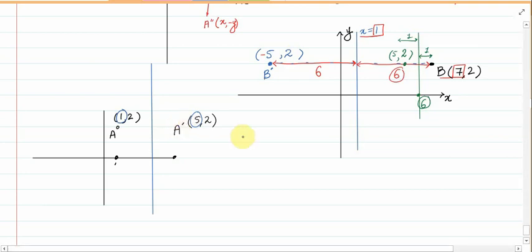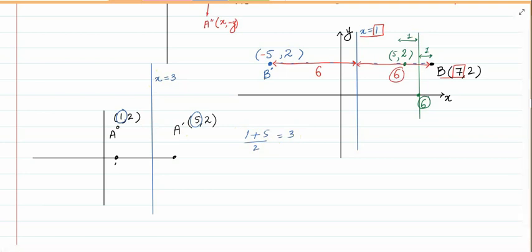You add these two, 1 plus 5, and just divide by 2. So that is 3. That means this line has the value x is equal to 3. Simple, right? Because the line of reflection always lies at the midpoint, at the center.